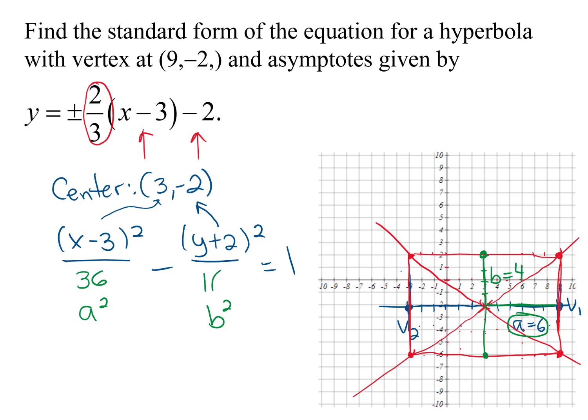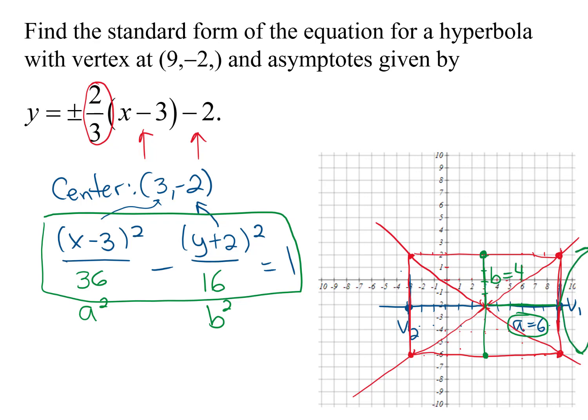Therefore, b squared is 16. And there is the equation of a hyperbola that has these asymptotes with that vertex at (9, -2). If we were to draw the hyperbola, it would go through that vertex and head towards the asymptotes.